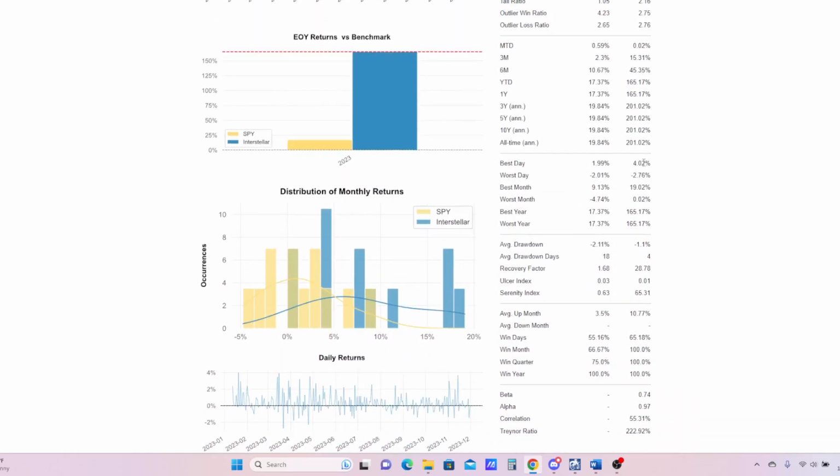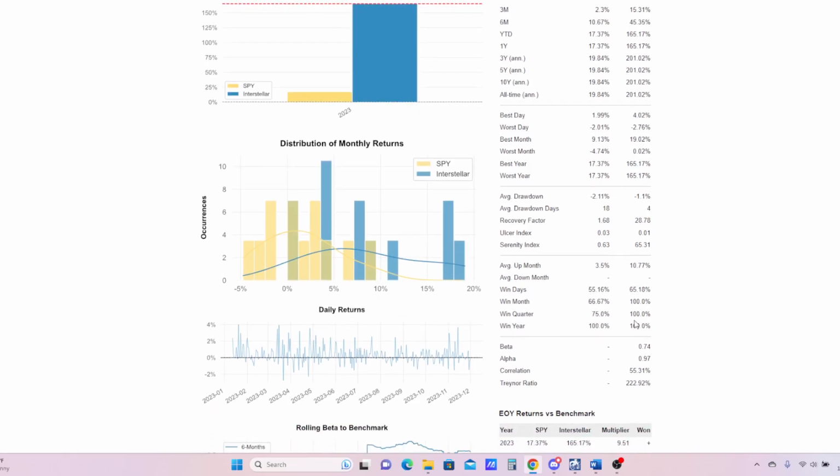Best day 4%, worst day a negative 2.7. The other stuff that'll help a lot too is your win days. If you have a higher win rate, like 55% is still a good win rate.